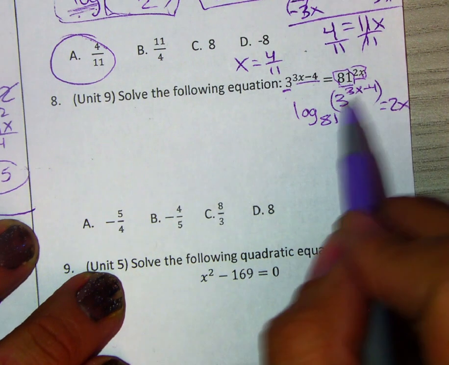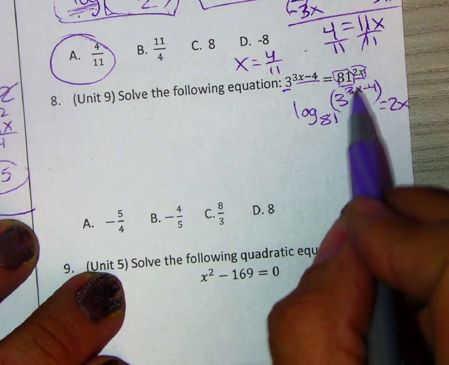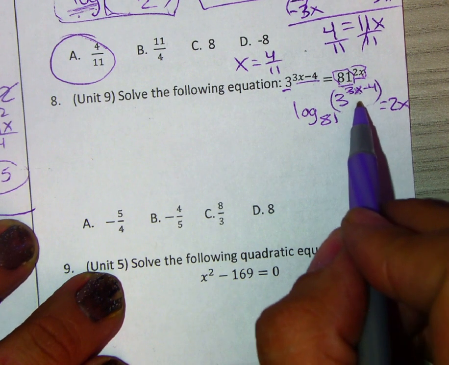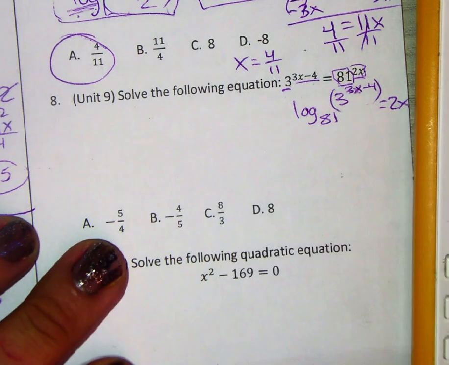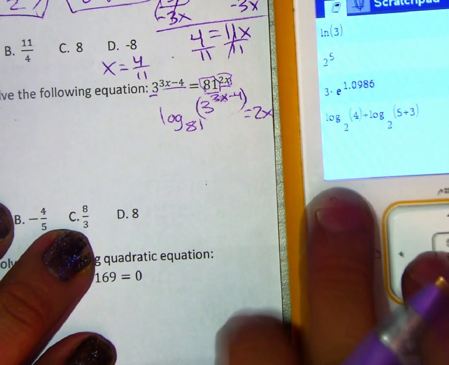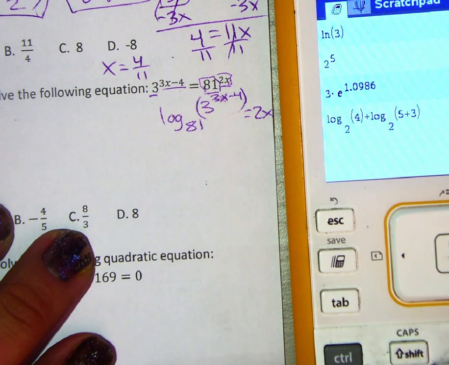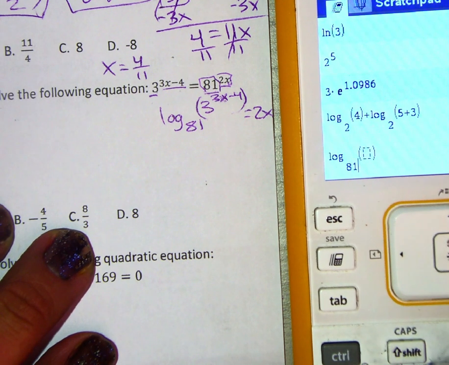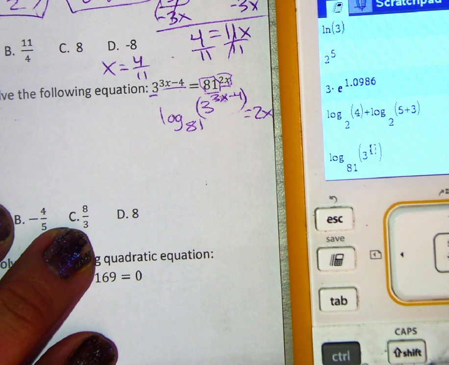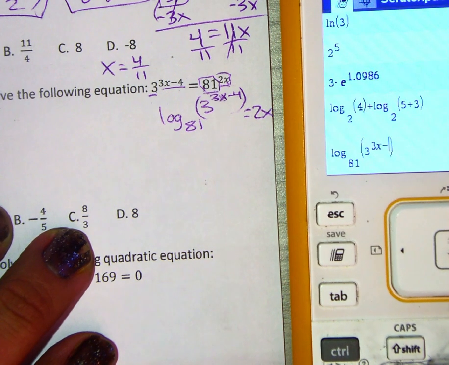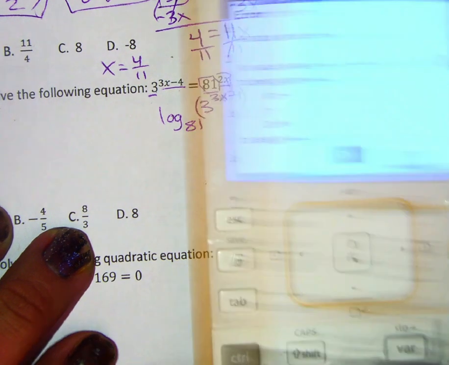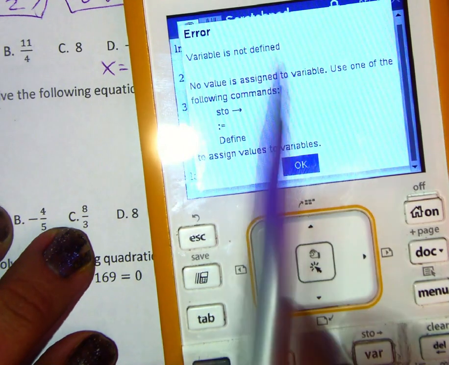So you notice that you have an argument with a variable in there. And we don't want that, because if you type the log with an x, let me just show you, it's going to tell you error. Minus 4. So that right there tells me error. There's a variable not defined.